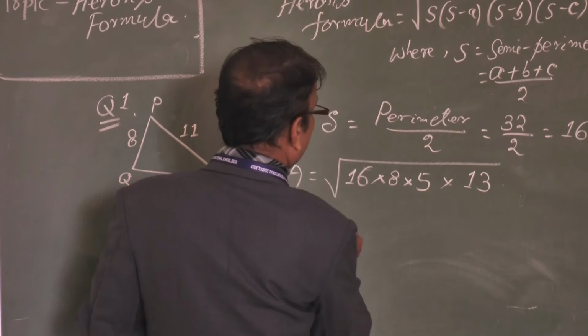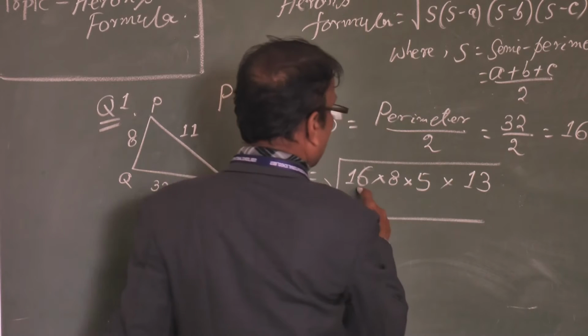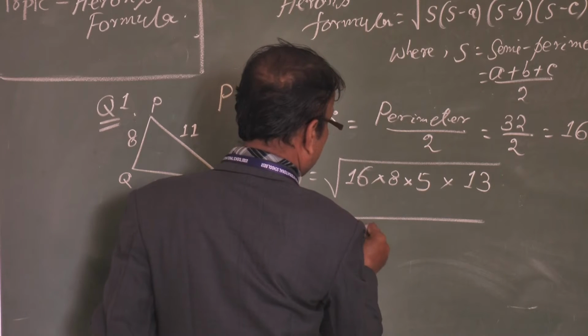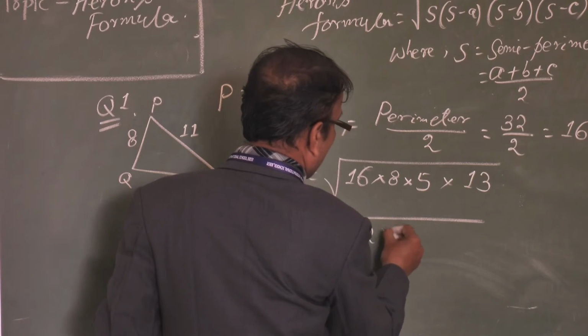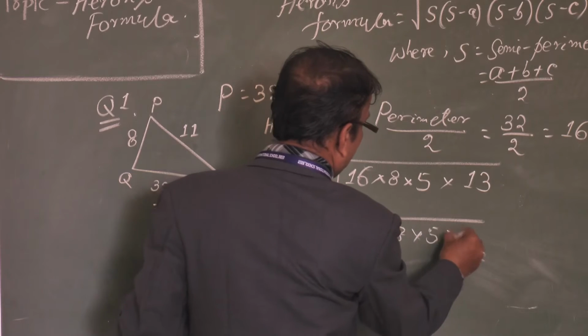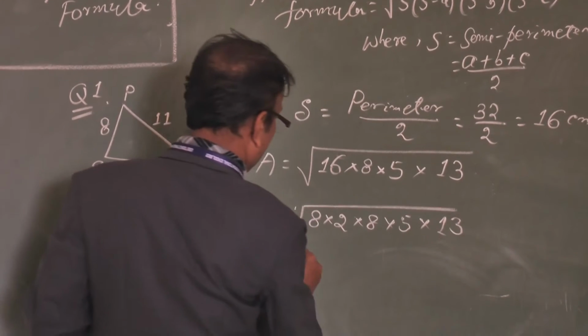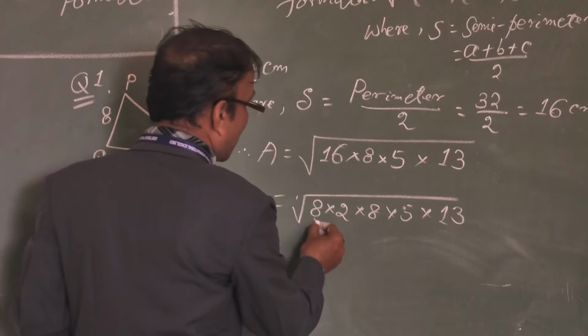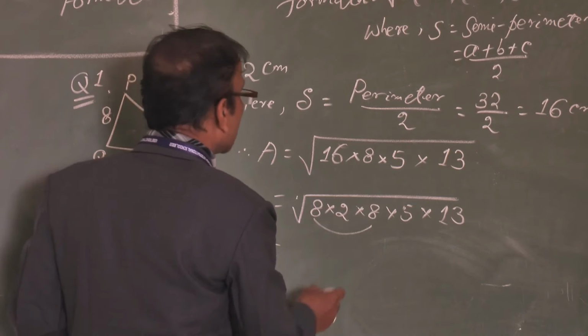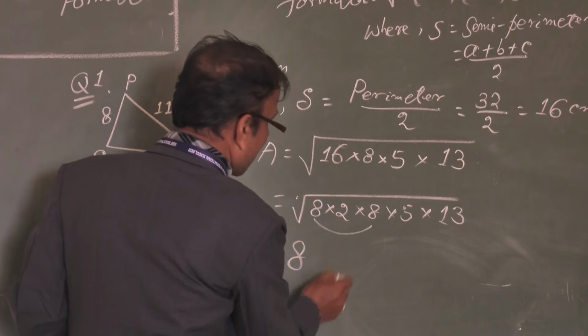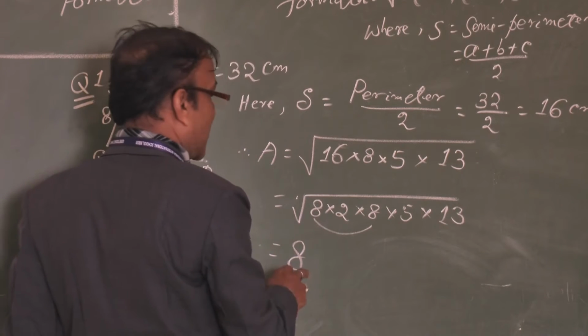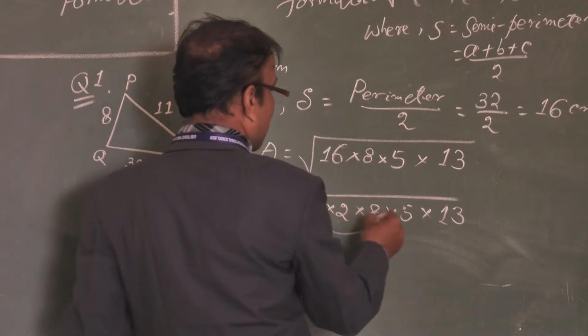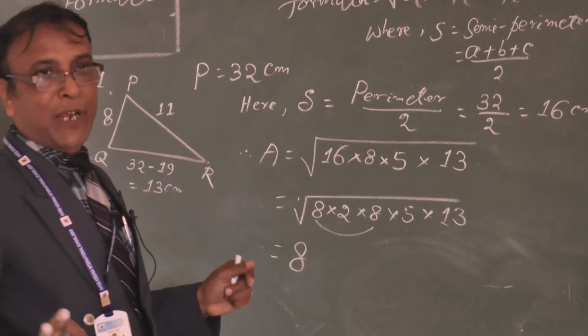Now this is equal to root, 16 we can write as 8 into 2, again another 8, another 5, another 13. Now here nothing is common except these 2 8s. So from these 2 8s I brought out a single 8, but the rest are not in any pair.